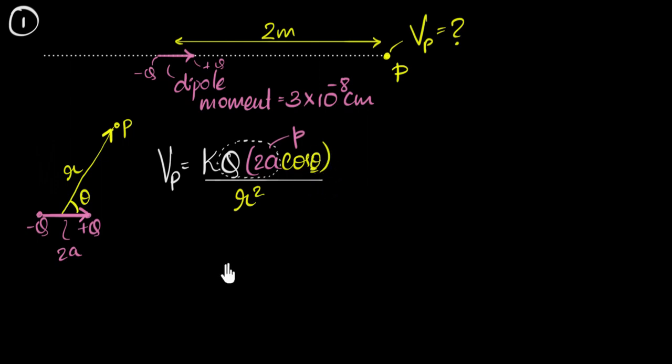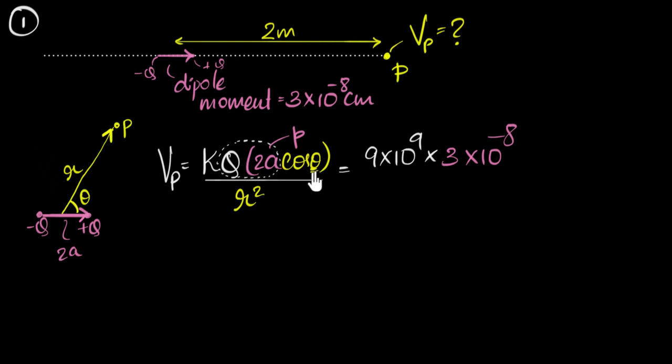That's our angle. All right, so why don't you pause the video and see if you can go ahead and solve this particular problem? All right, so let's do this. What is k? K is that familiar 1 over 4 pi epsilon naught, whose value is 9 times 10 to the power 9. I don't know the charge or 2a, but I know the total product, the dipole moment, which is given as 3 times 10 to the power minus 8.